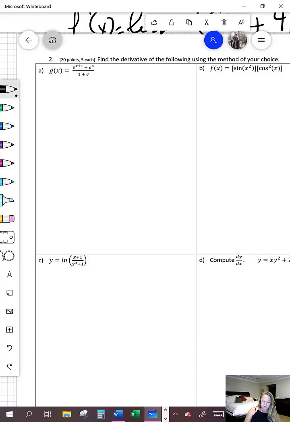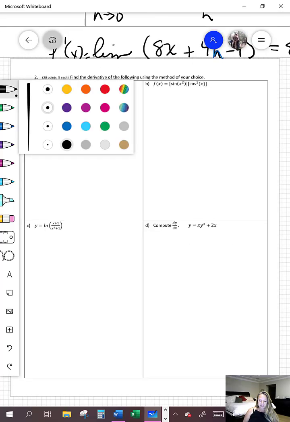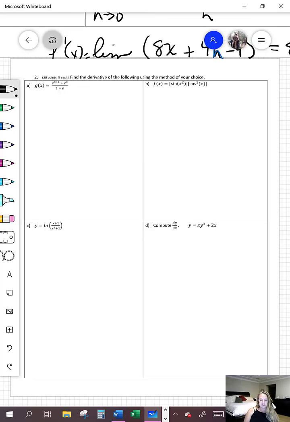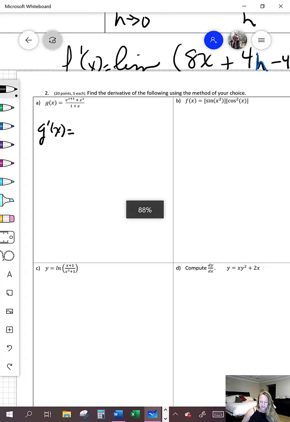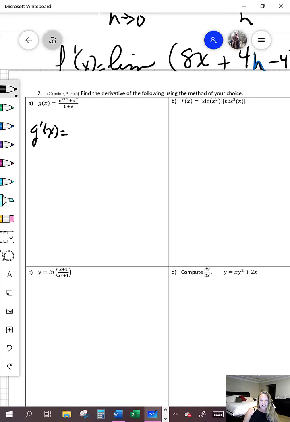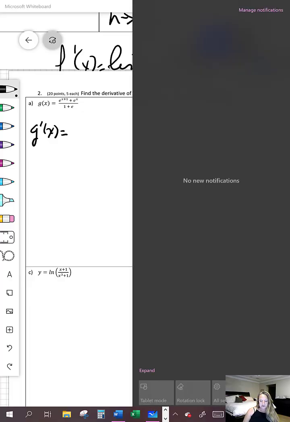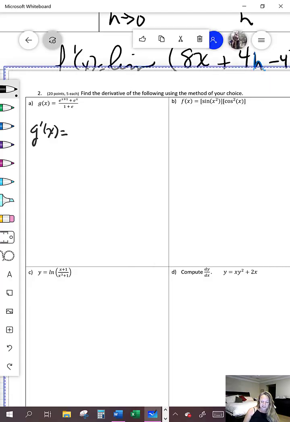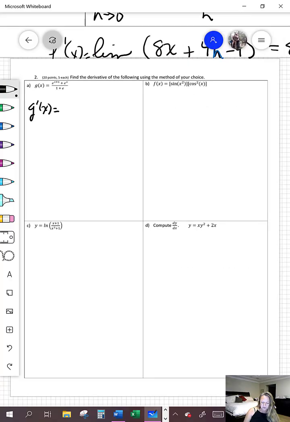And when we use the quotient rule, when we take the derivative of e, we're going to need to use the chain rule. So we take the derivative of our numerator first, e to the x plus 1. The derivative of e is just itself, e to the x plus 1.